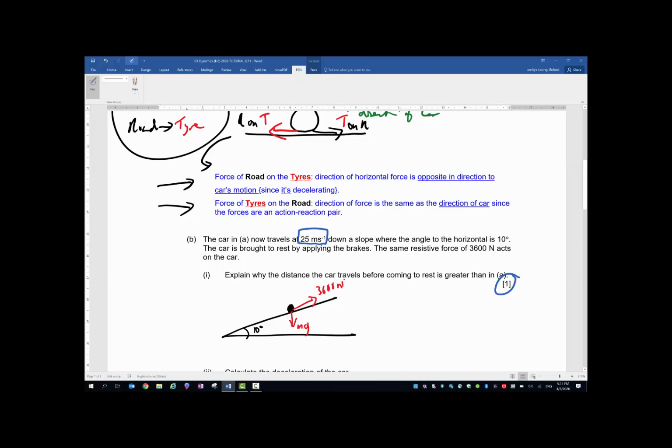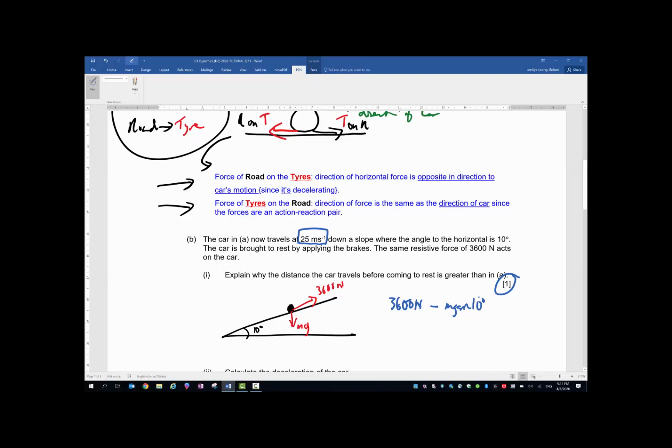Okay, so just now when you step on the brake, the net braking force is simply 3,600, but now it is not 3,600. Okay, now the net braking force is actually 3,600 newtons minus mg sine 10 degrees.